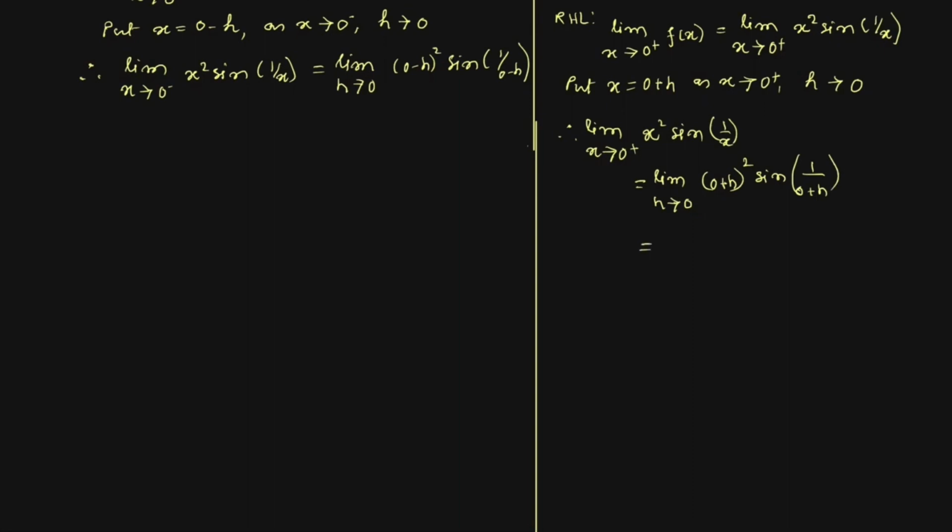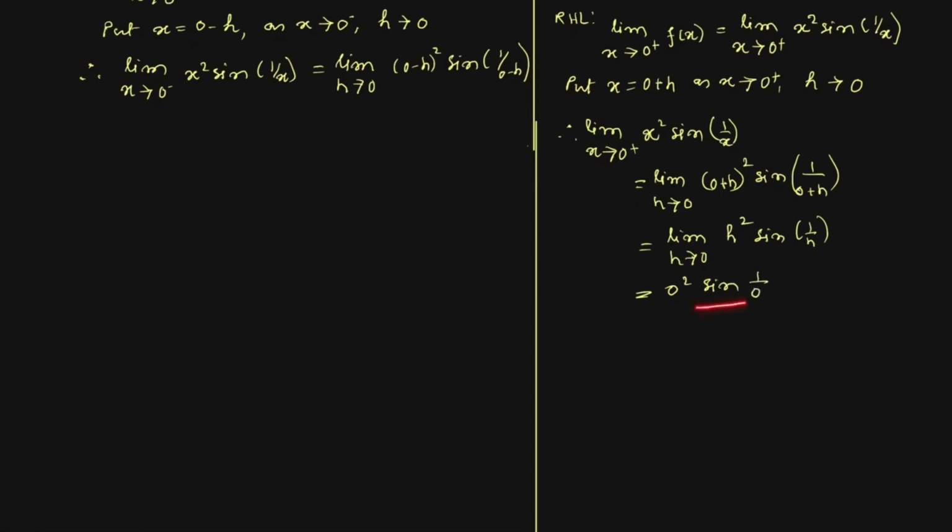which is equal to limit h tends to 0, that is h square sine 1 by h. So if you put the limit, you will get 0 square sine 1 by 0.